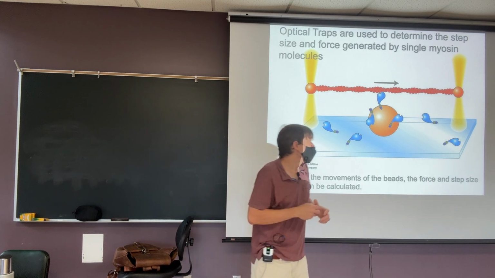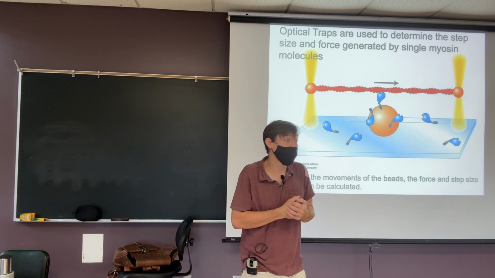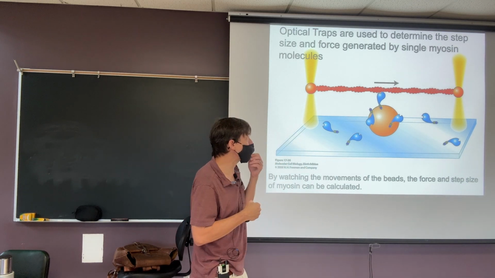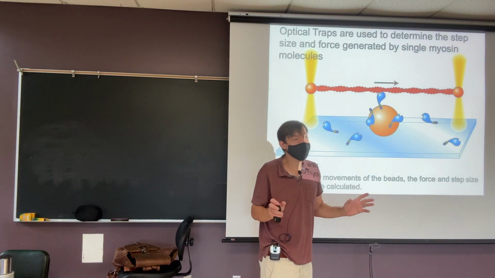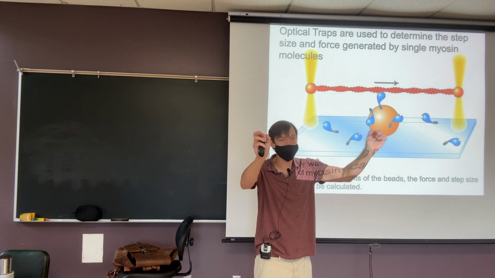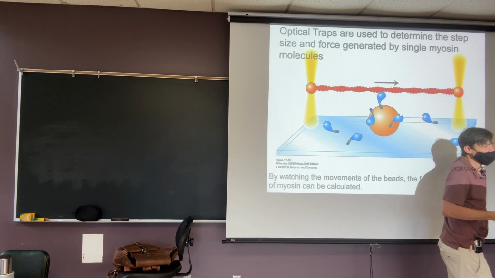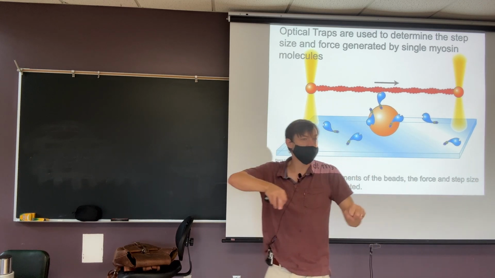So, in order to measure the forces and the step size of these myosin heads, people took this even a step further, and they set up an optical trap with 2 different focal points. So they could grab 2 different beads and then use that to grab actin filaments and move them around.